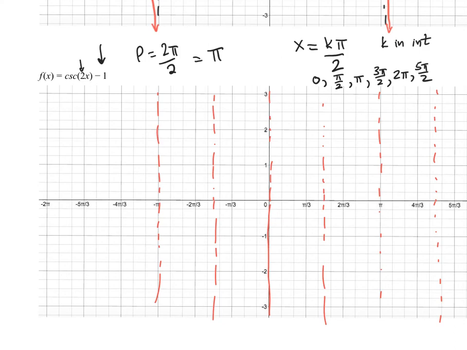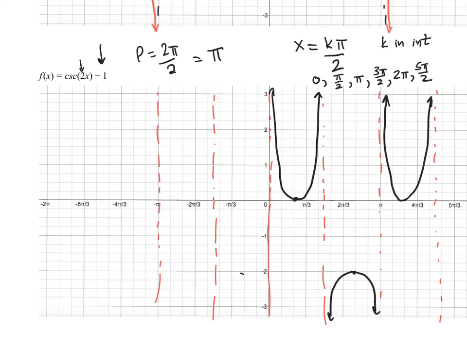Now when I look at my parabolas, remember it usually starts on the up parabola, but instead of starting at 1, it's been shifted down 1, so we'll actually start it down here at 0. So it looks something like that. And then this one down here is going to start at negative 2, because typically it starts at negative 1, but it's been shifted down. So you get this pattern of alternating parabolas in between those asymptotes.